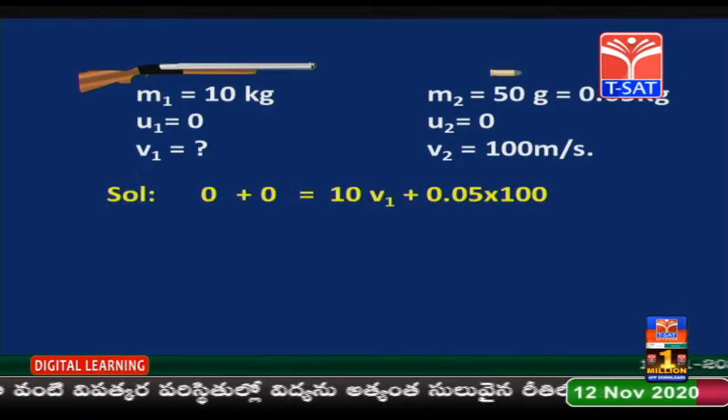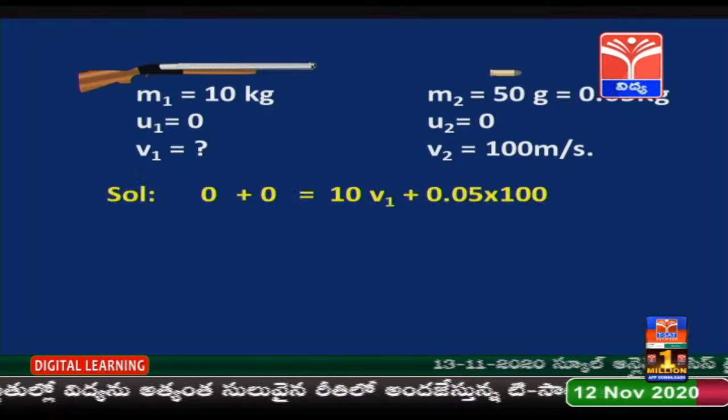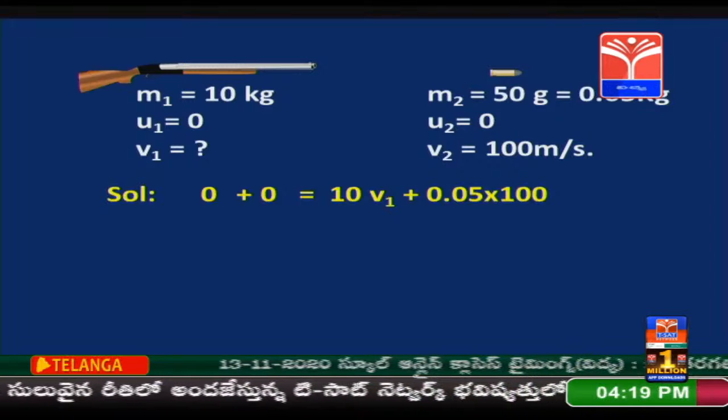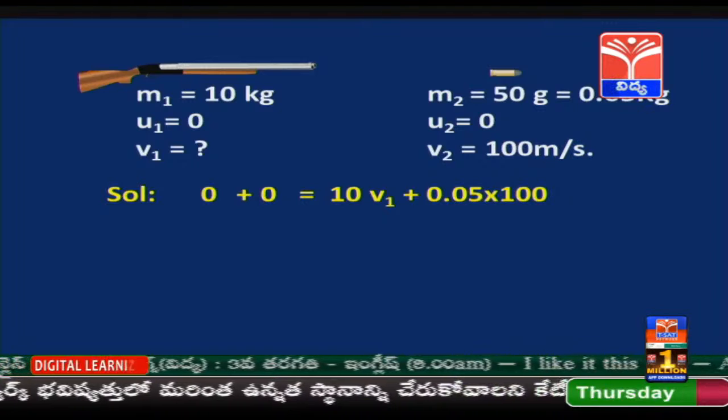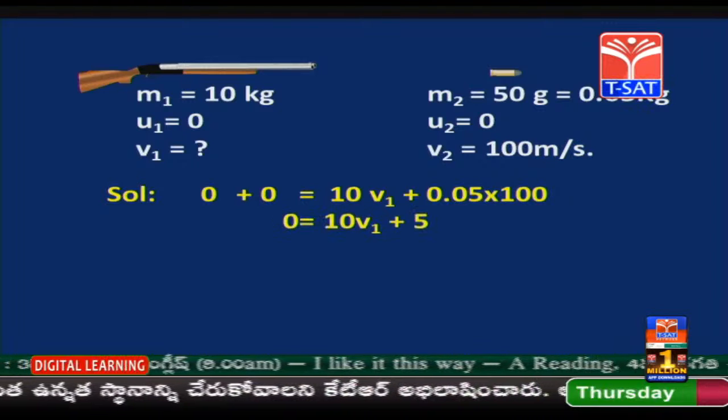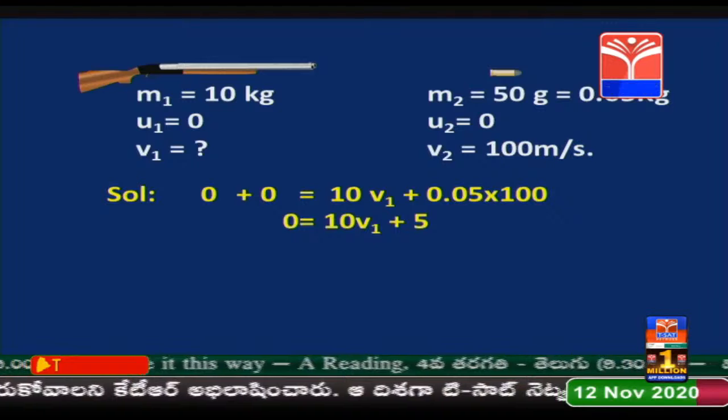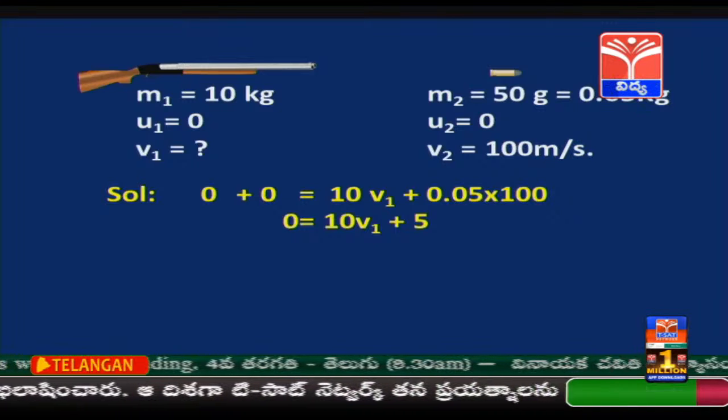Substituting the values in the equation, we get 0 equal to 10 v1 plus 0.05 times 100. Simplifying, we get 0 equals 10 v1 plus 5.